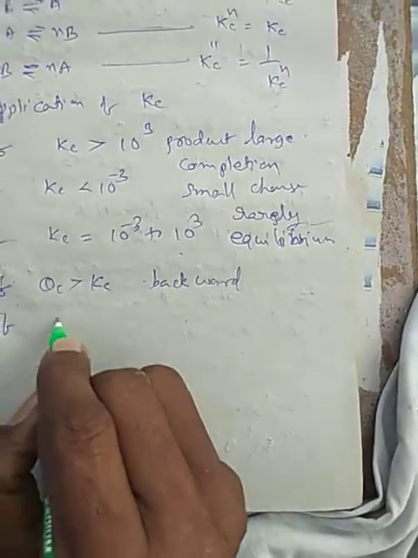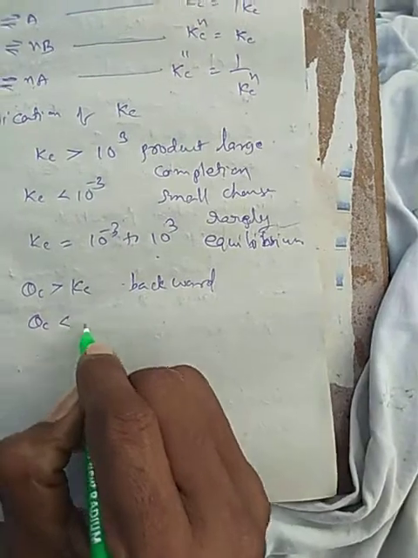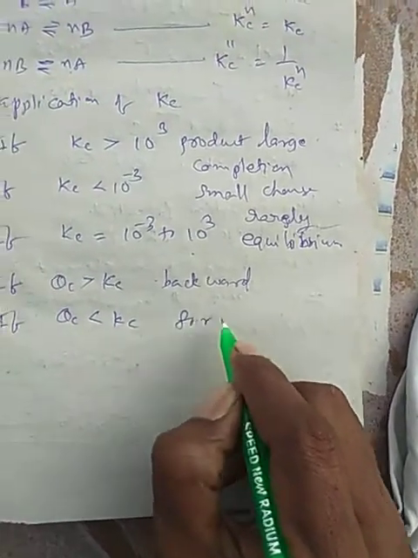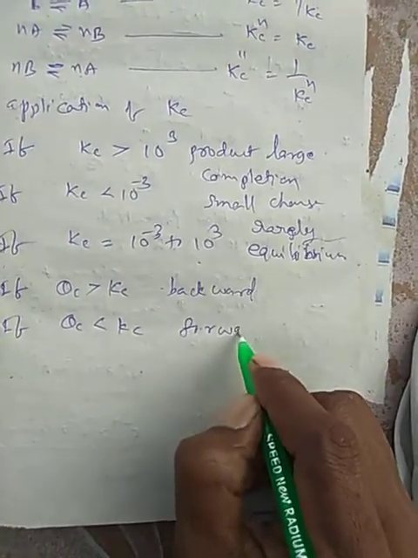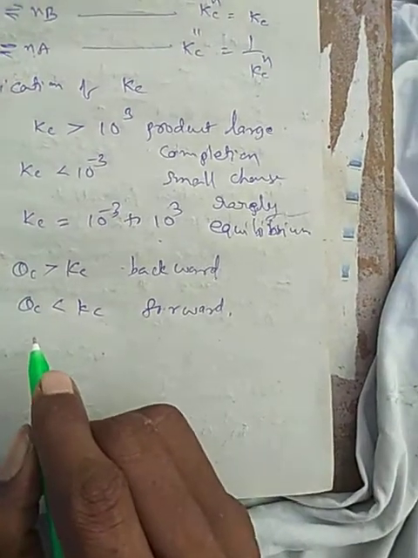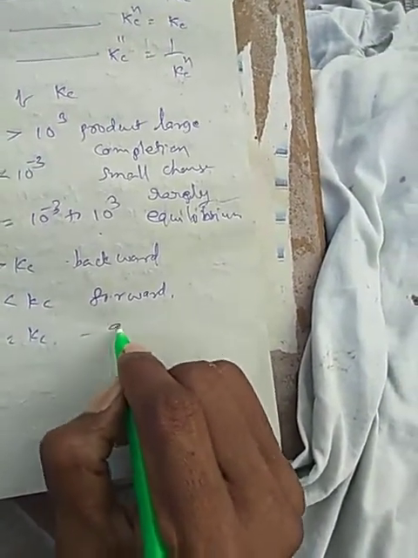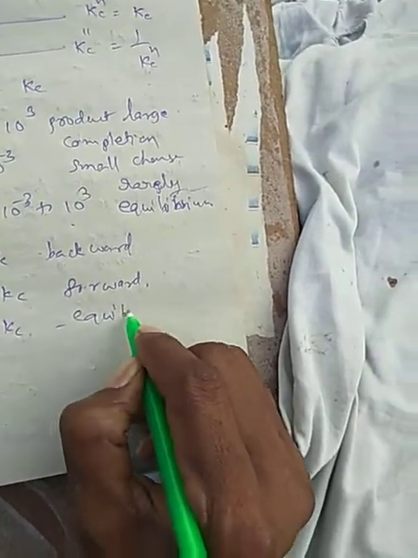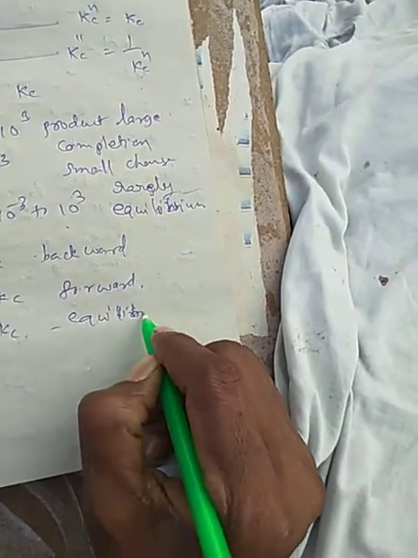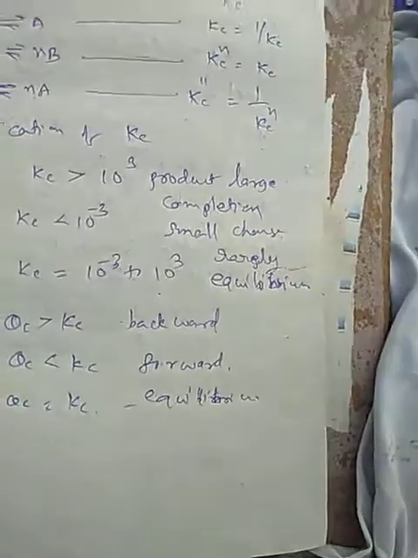And if Qc is less than Kc, the reaction proceeds in the forward direction. And if Qc is equal to Kc, the reaction attains equilibrium.